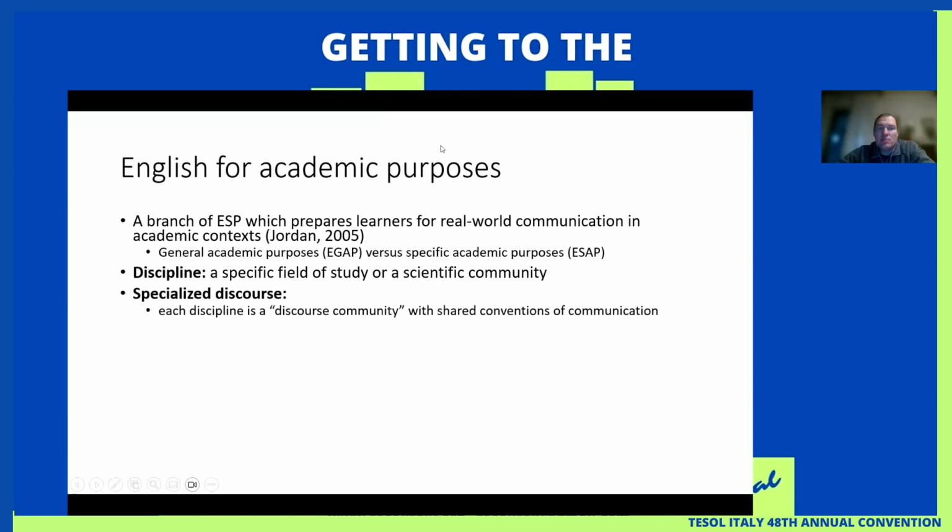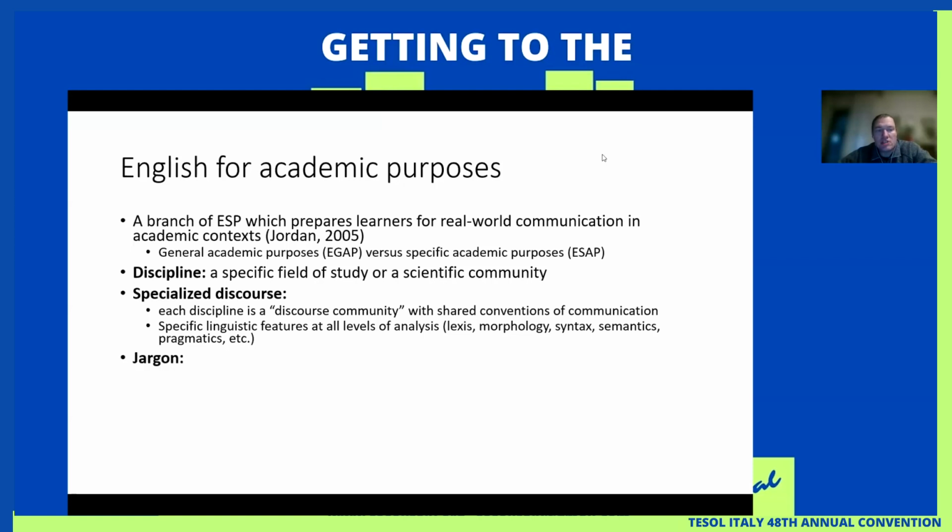So each discipline belongs to a discourse community, and that discourse community has shared conventions of communication. And the ways of communicating, the language that's used within that discourse, can be identified with specific linguistic features at all levels of analysis, ranging from lexis to morphology to syntax, semantics, pragmatics, etc.